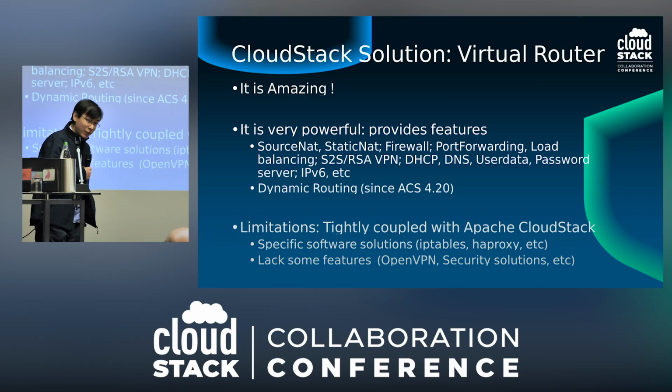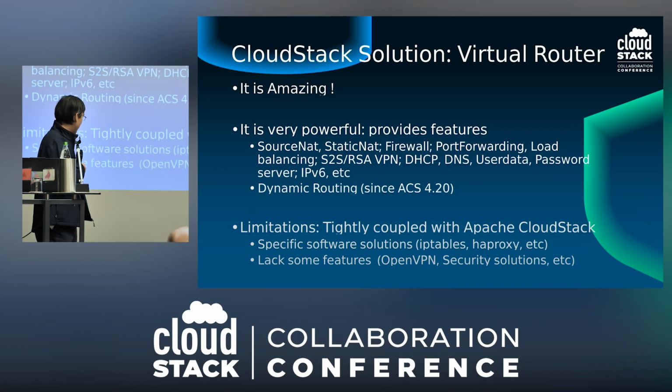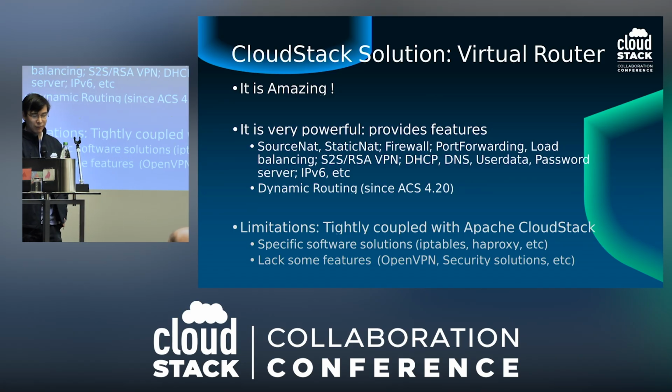And we use HAProxy. We do not support Nginx, so we do not provide many options to customize the VR. And we also lack some features, for example, OpenVPN, which many users ask for.